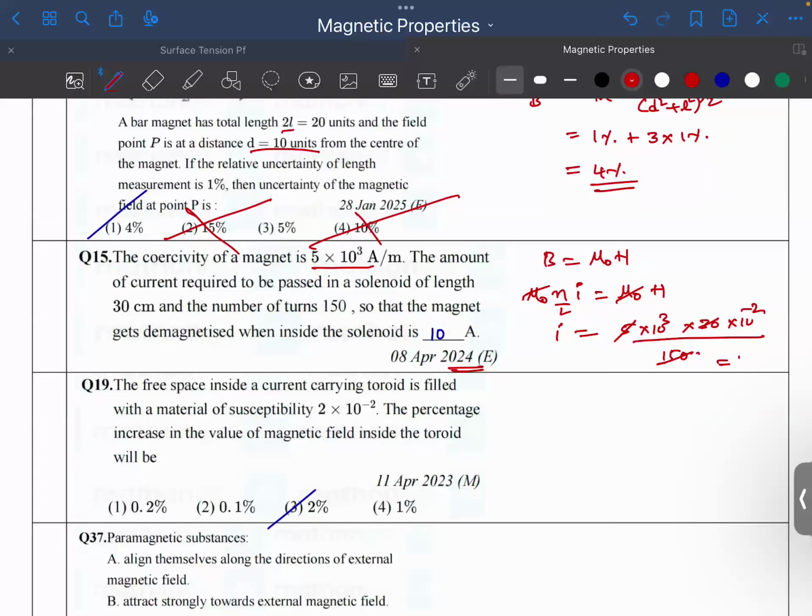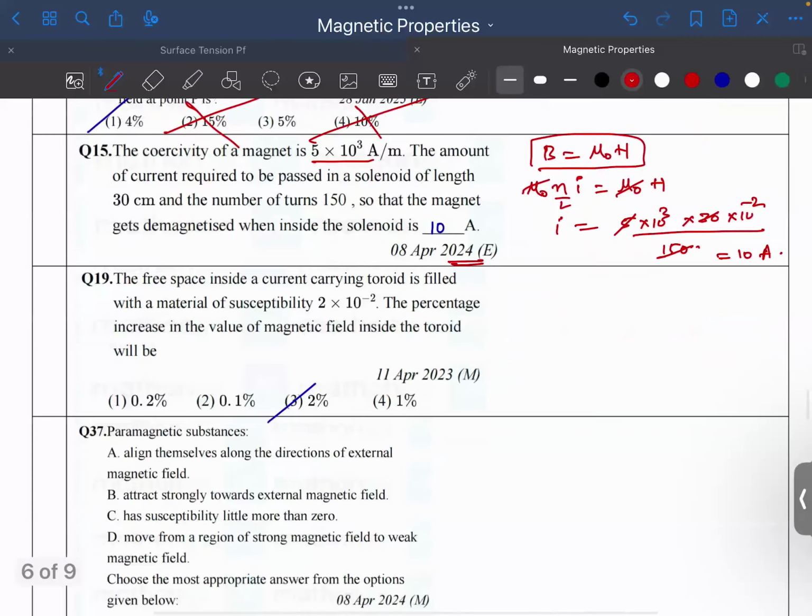So the answer is 10 amps. Who will do this question? Those who know this formula, they will do this question. 10 power 3 ampere per meter. ఒక్కోసారి చేసేది ఏమవుతుందంటే చూసుకోకుండా ఆ 5 into 10 power 3ని mu naught అనేది ఈక్వేట్ చేసేస్తాం. పోతుంది ఆన్సర్.